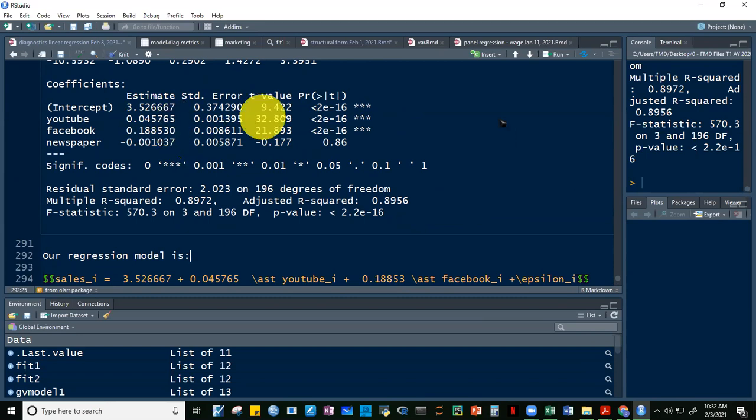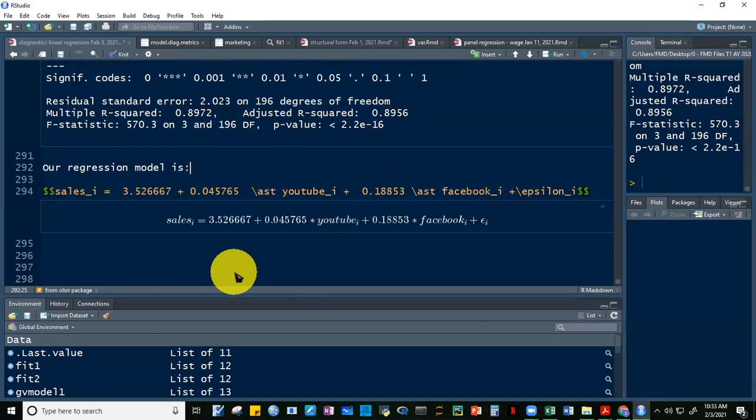Let's interpret this. For every $1 increase in advertising ads sa YouTube, there's a corresponding 0.05 dollar increase in sales. Ceteris paribus. Okay, take note of the ceteris paribus.